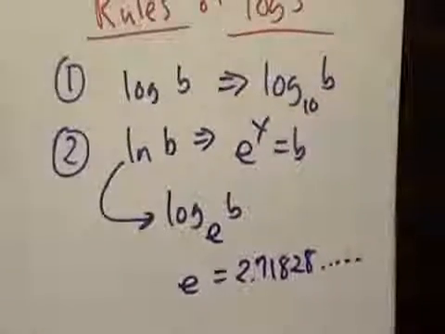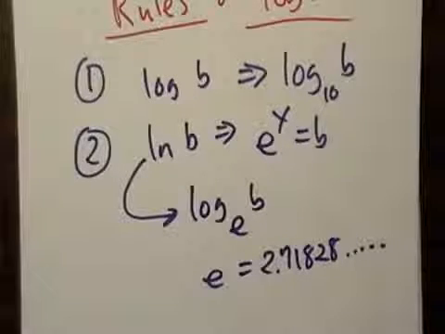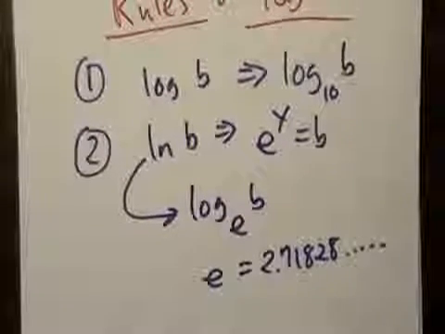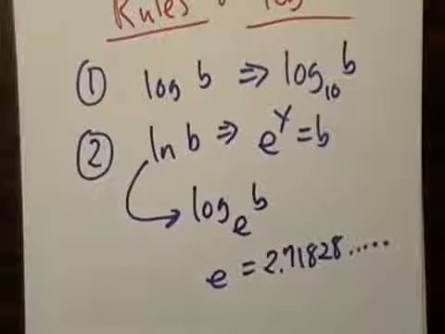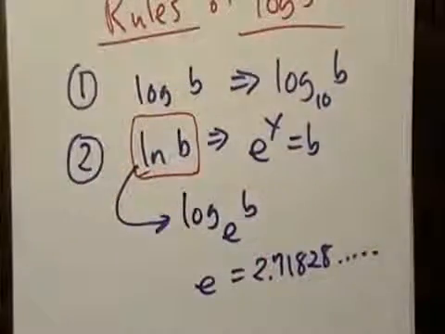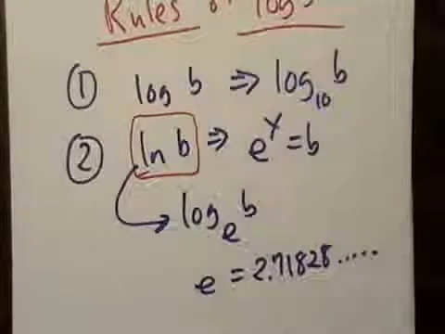It's an irrational number that you'll see all the time. It's pretty interesting. It's everywhere, but that's all that means. And since it's everywhere, we have a special logarithm for it, and we call it the natural log. So it's a very important number, and it's got its own logarithm notation. So that's just a little bit of notation.